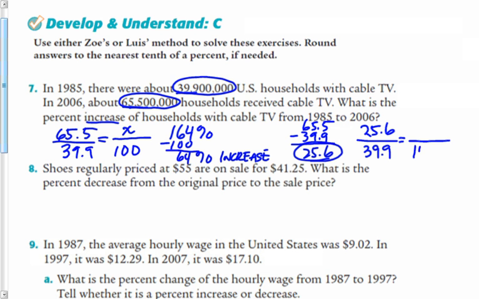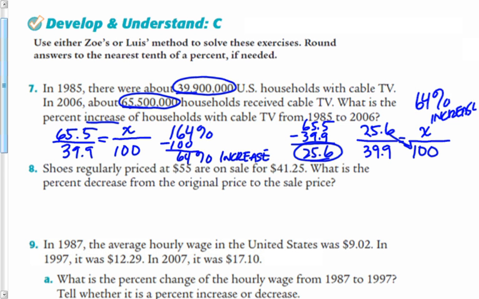Find the percent for that. When I do this, it is my percent increase, because I've already gotten rid of the amount of households that originally had cable. If you do 25.6 times 100 and divide by 39.9, you get 64%, and that's the increase.